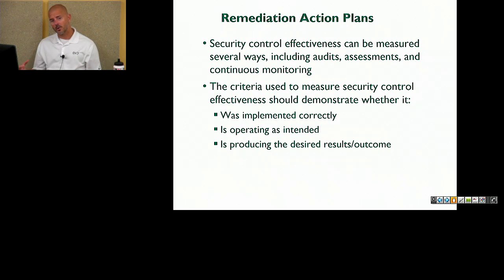Because then when you actually do assess the controls, you're going to be assessing: was the control or controls implemented correctly? Are the controls operating as intended? And are those controls producing the desired results that the control objectives are supposed to be providing your organization?